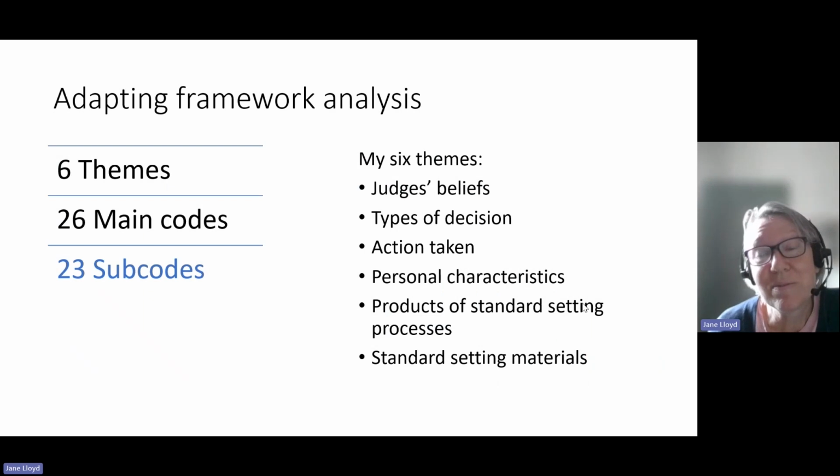In terms of my data and my final framework, I have a total of 6 themes, 26 main codes or sub-themes, and 23 subcodes. So looking at my themes on the right, for judges' beliefs, as I mentioned earlier, my sub-themes are beliefs about assessment, the MCC, the CFR, and language learning. I'm separating out straightforward and difficult decisions in my next theme.